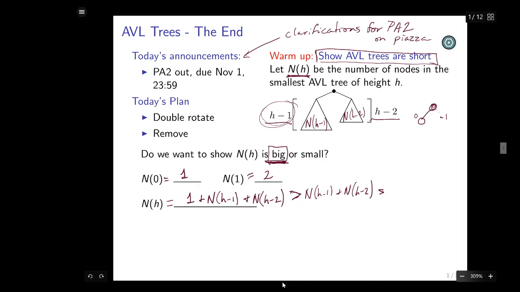This is also bigger, because n of h-1 is certainly bigger than n of h-2. So n of h-1 plus n of h-2 is bigger than 2 times n of h-2. That's pretty simple. You know how to solve these things? Yes, did it on the midterm multiple times. What's the solution to this recurrence relation?